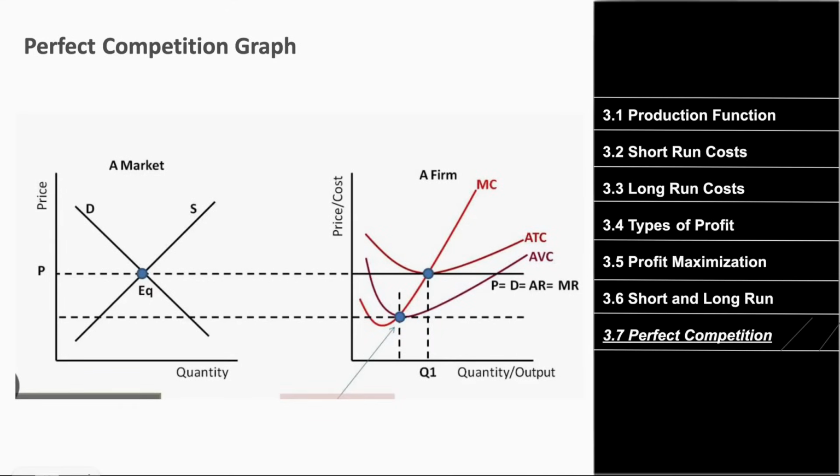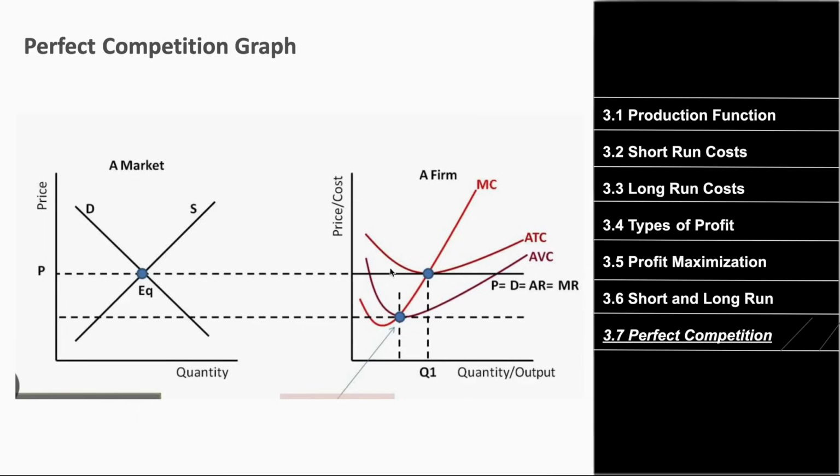So now there's a certain graph for perfect competition. The market, remember, is just supply and demand, equilibrium, with quantity on the x-axis and price on the y-axis. For a specific firm in perfect competition, we have a bit of a different graph.